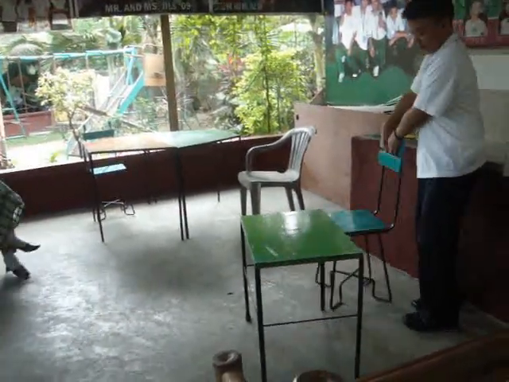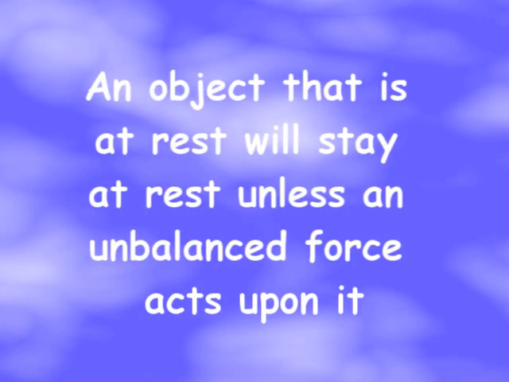So inertia is something like that. When you move something that is at rest, it is called inertia. At this point, the boy or the ghost touched the chair and moved it somewhere else. The chair is at rest and the boy or the ghost is an external force that makes the chair move.